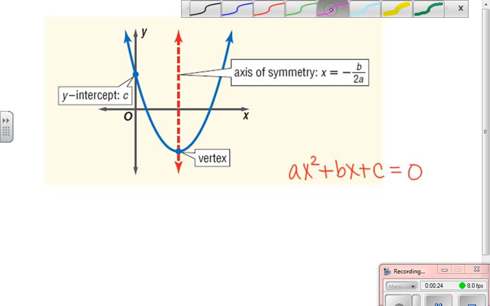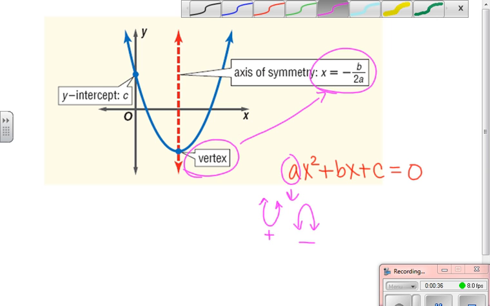We know that this a value tells us if it opens up, positive, or opens down, negative. The axis of symmetry, which also gives us the vertex point through substitution, can be found from that b value and our a value again. Our y-intercept value, where it crosses the y-axis, comes from our constant value.